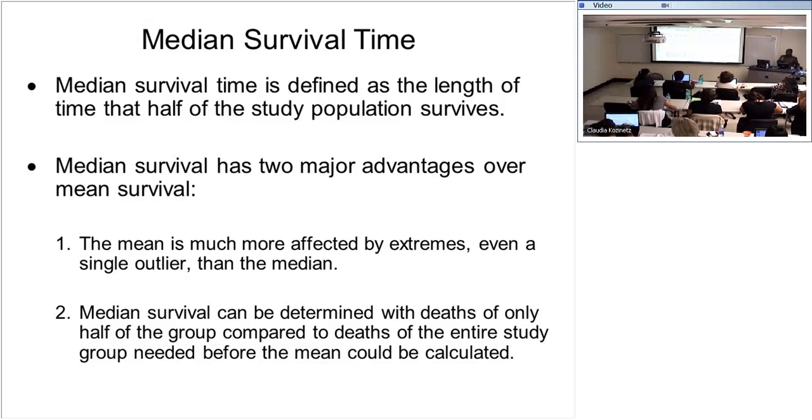You don't have to follow all the groups to know what time each of them dies, because to calculate the mean of deaths, you have to finish the study. But with the median, as soon as half of the patients have died, I can terminate my study and report that the median survival time is 7 years or 10 years.